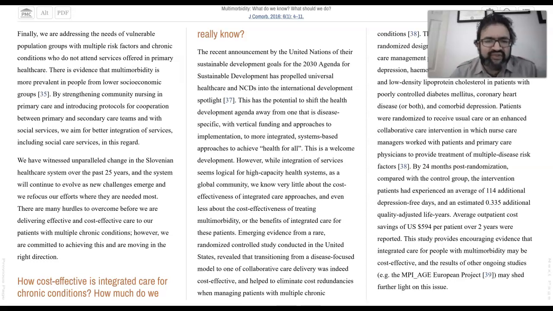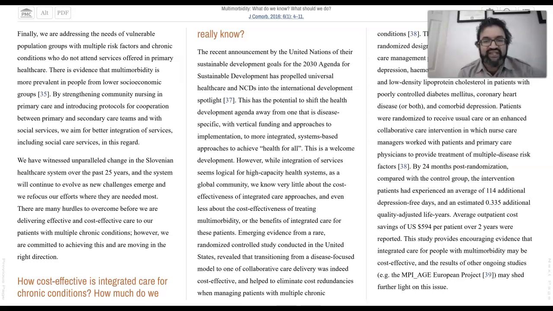But the integration of services seems logical. That seems logical for high capacity health systems. So the idea is that the integration of services can be maintained. It sounds logical, but in a global community, cost effectiveness of integrated care approaches may not be the way.